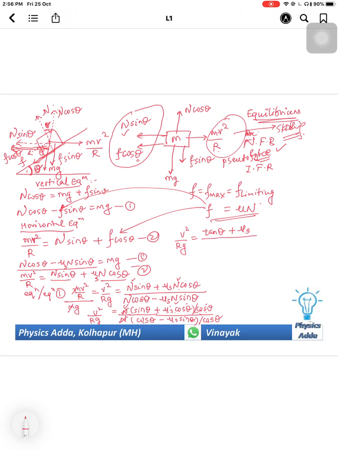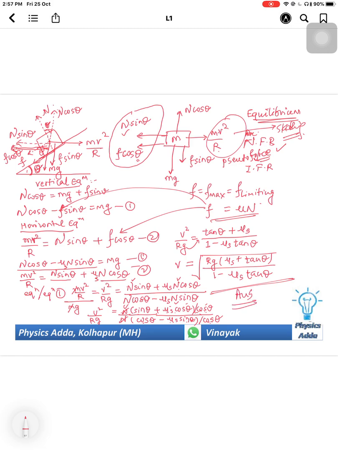Here cos theta gets cancelled, which is 1 minus mu s sin theta by cos theta. Sin theta by cos theta is tan theta, minus mu s tan theta. So v becomes, I will take this rg on this side, mu s plus tan theta divided by 1 minus mu s into tan theta under root. This is the answer.